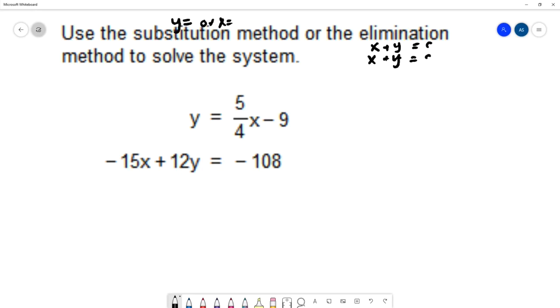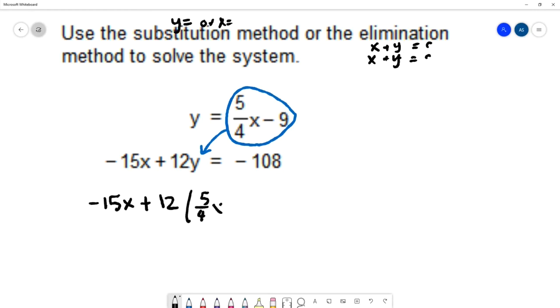So in this example, we do have the y equals, so I'm going to go with the substitution method. So I'm going to take this 5/4 x minus 9 and substitute it into the other equation. And that's going to give me negative 15x plus 12 times 5/4 x minus 9 equals negative 108.